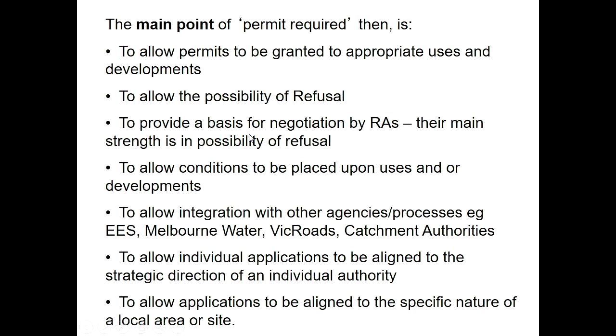Responsible authorities can negotiate. The potential to say no is a really big deal, but also there can be conditions on a permit. I haven't really explained this in great detail, and we'll look at some conditions over the next couple of weeks, but basically it could be that a permit is granted for the use as dwellings for a 10-storey tower block, subject to the following conditions.